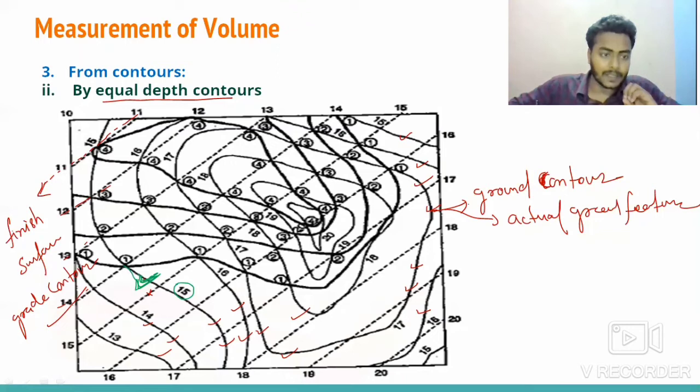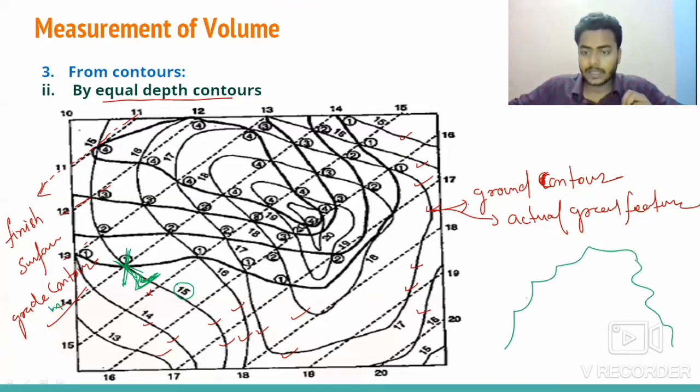But at this point, you can see this graph is going like going here. So at this point we require 14 meter elevation of ground. For example, this is the ground like this. At this point, actual ground height is, according to the figure, 15 meter. Okay.